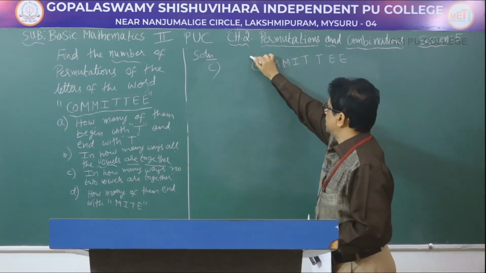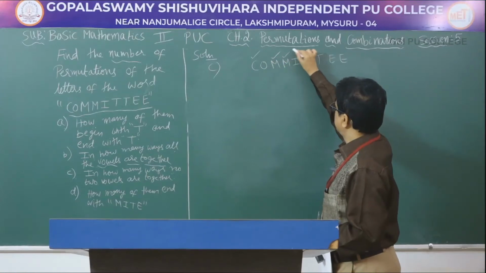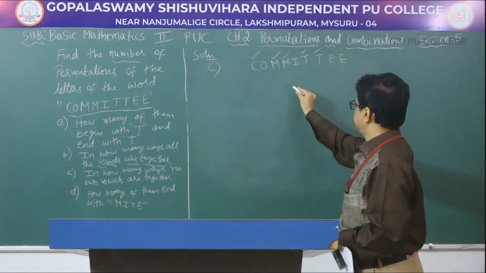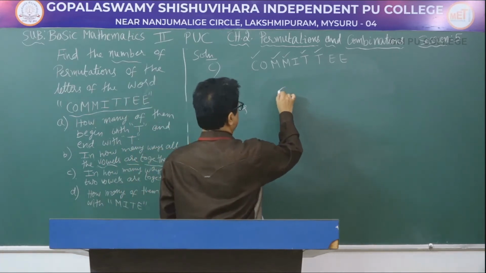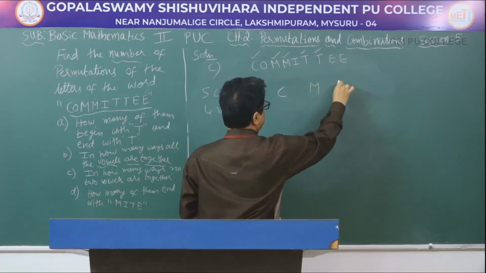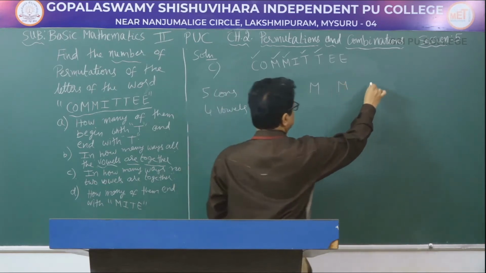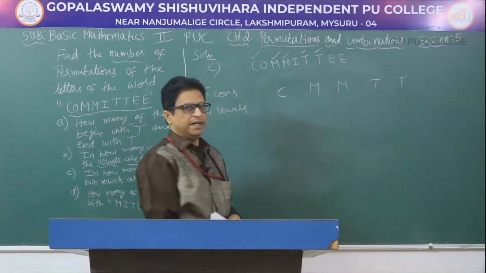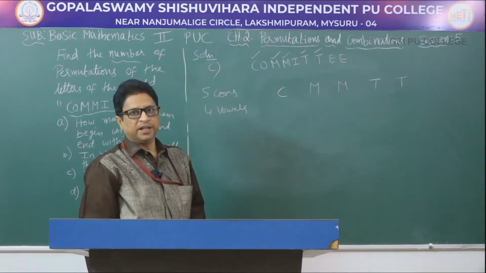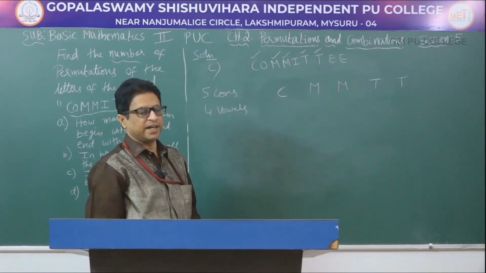So, the consonants are C, M, M, T, T. So, first let us arrange the consonants. C, M, M, T, T. And the vowels should be in between the consonants.